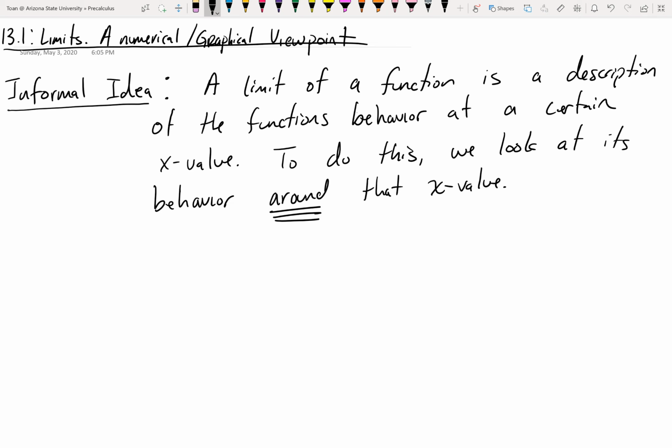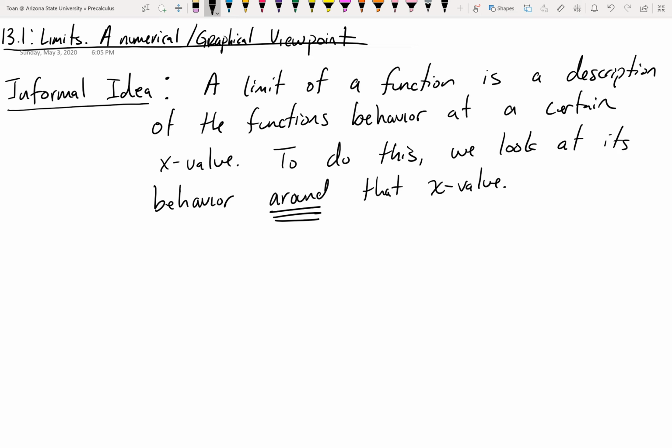You sort of look at the effects, the leaves blowing, and so on and so forth. So if I want to study the limit of a particular function at, say, x equals 2, I actually don't look exactly directly at x equals 2. You look at the x values around x equals 2 to see the effects that the function has.